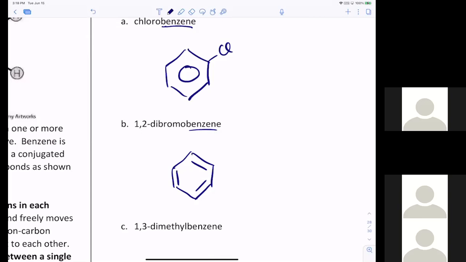That they're next to each other. That's right. So put the first one wherever you like. There's a bromine. And if it's 1,2, they just have to be on neighboring carbons. Okay, so if you draw a benzene ring and show 2 bromines attached on side-by-side carbons, that's correct.